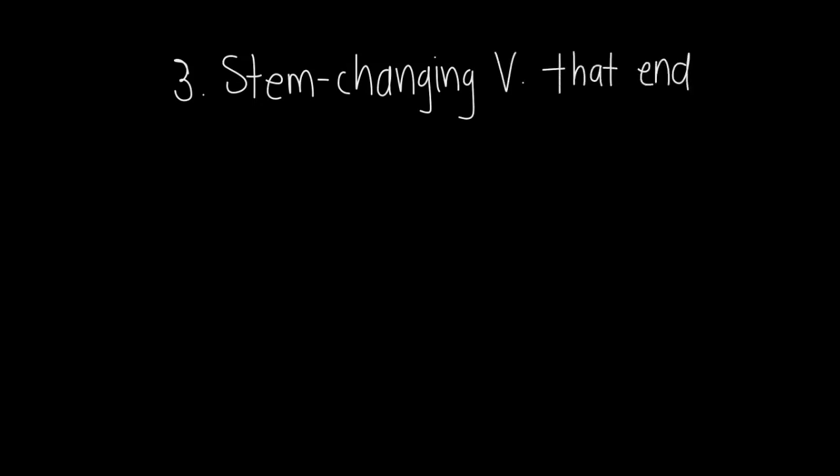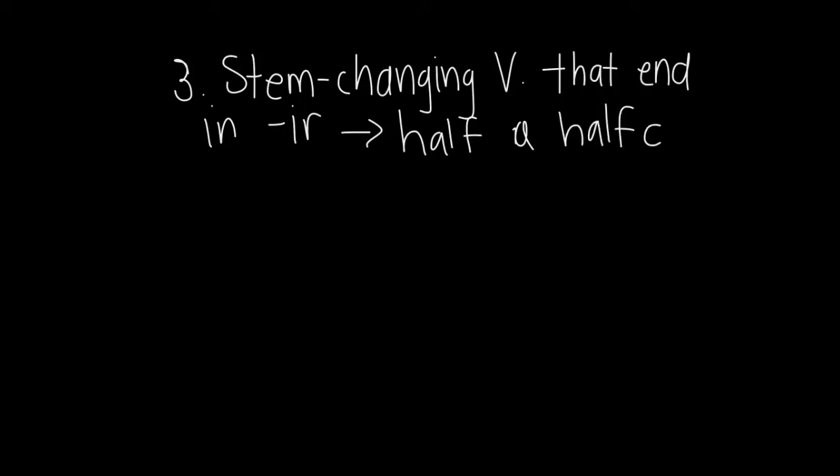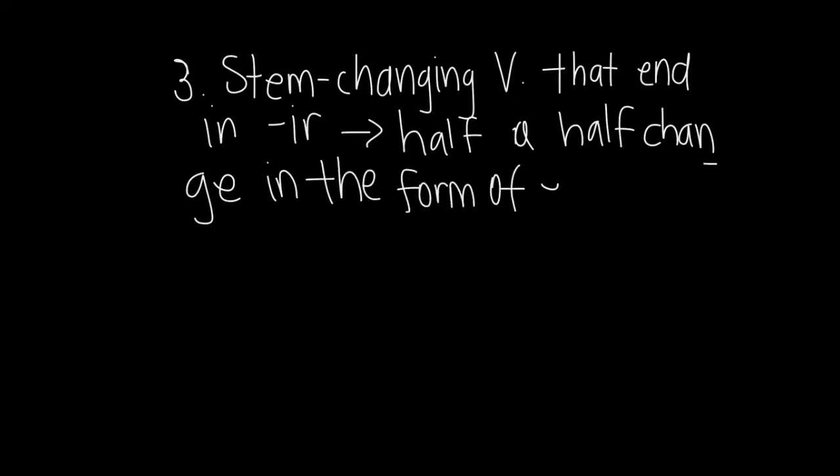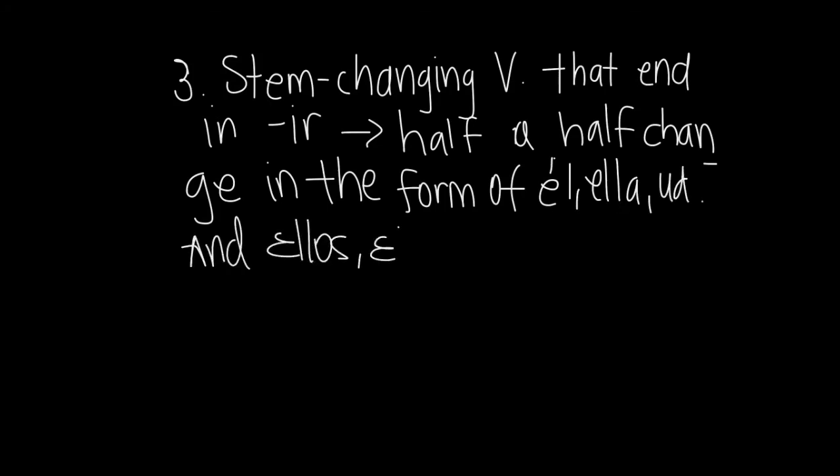But third, verbs that have a stem change from o to ue and from e to ie, but that end in -ir, only have half of a spelling change in the form of él, ella, usted, and ellos, ellas, ustedes.